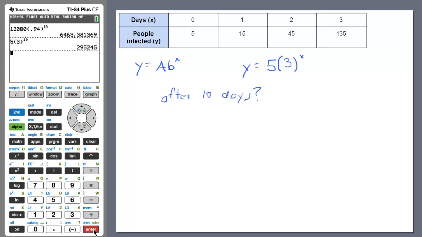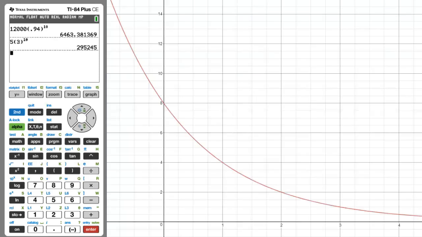And it turns out that after 10 days, wow, that's a lot of people. Oh, I can't see my calculator, hold on. 295,245 people will be infected after 10 days.